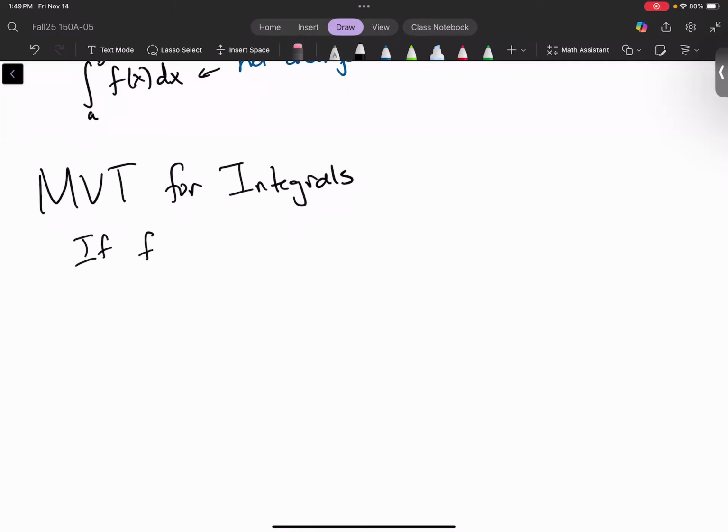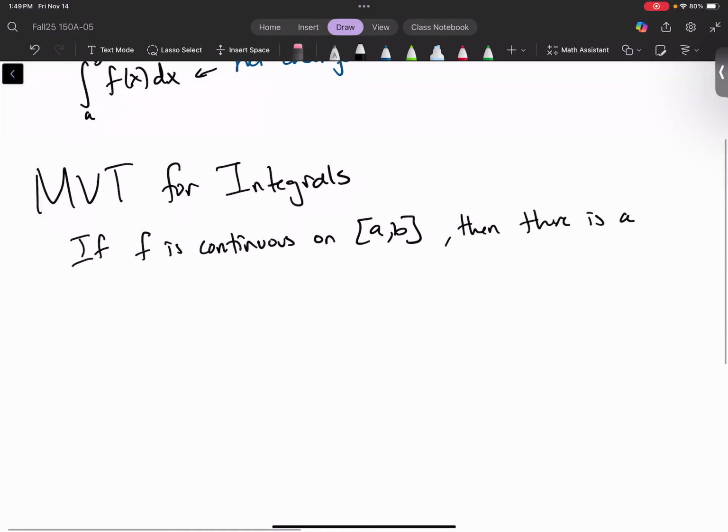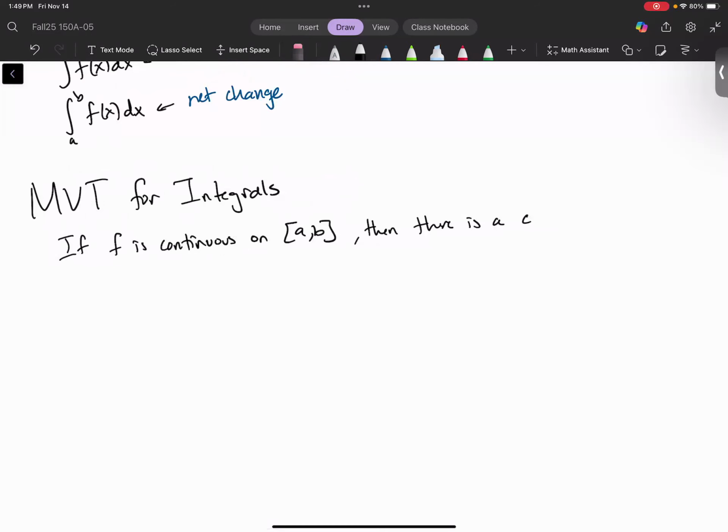So if f is continuous on the interval a to b, then there is a c where c is in the interval, those are less than or equal to signs, and the y value at c is equal to the average value of the entire function.